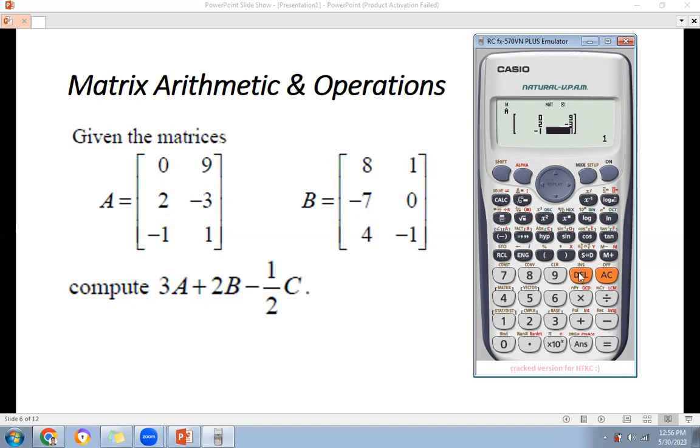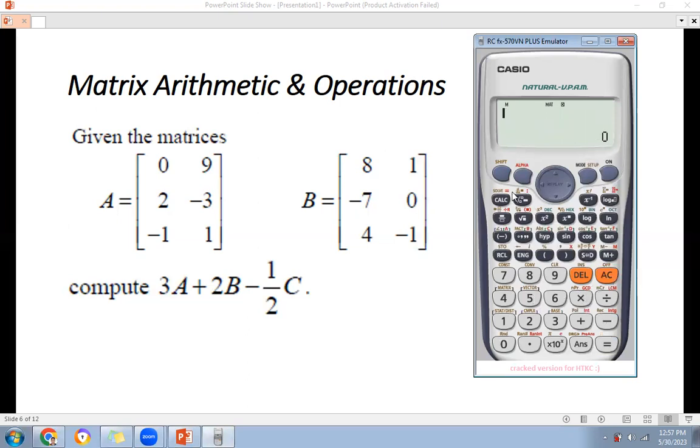Okay, press AC. Next, let's define matrix B. Matrix B is also 3 by 2: 8, 1, -7, 0, 4, -1.